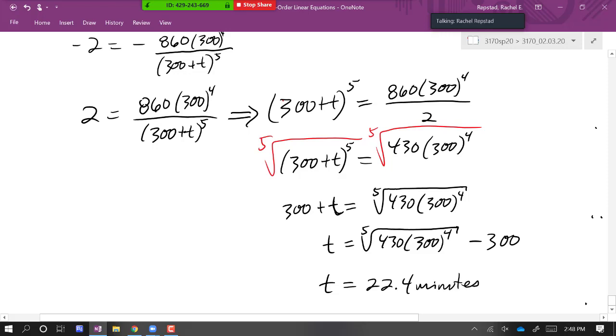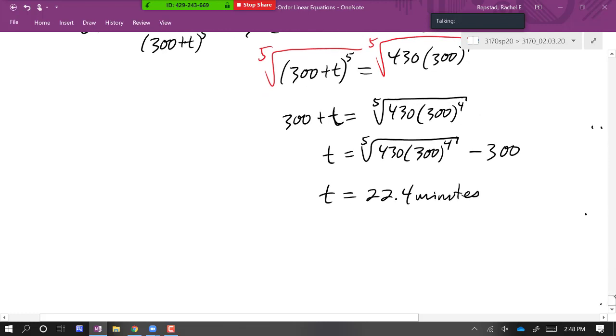So this is how long it will take for that concentration to get to 1 gram per liter. And the question they asked was, will it reach the desired concentration before it overflows? So I think the only thing left to do is to find what the volume is at this time and compare it to the capacity of the tank.